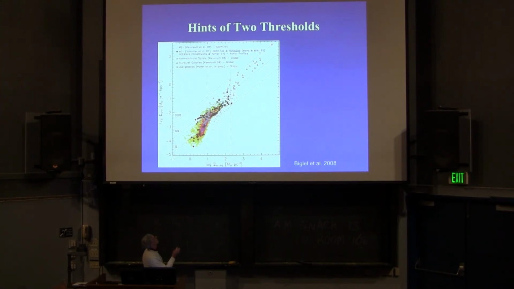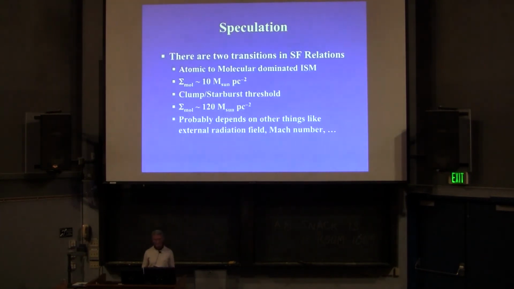Then there's maybe a transition somewhere around 100 to 200, 300 solar masses per square parsec, where you go to a higher star formation rate. All this depends on what you do with the conversion from CO observations to surface density, so it's all still very questionable, but there are some very interesting hints.